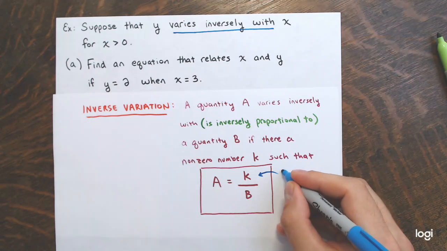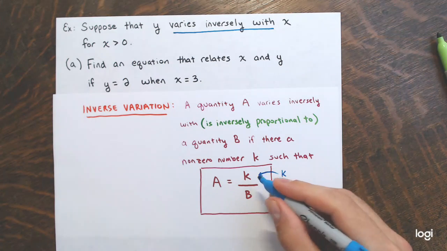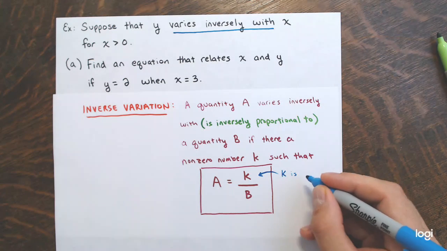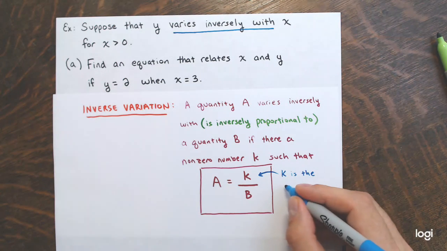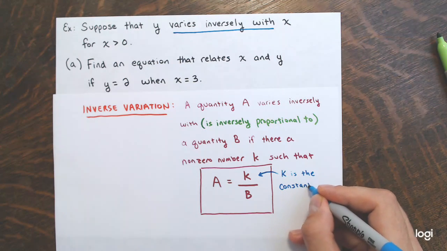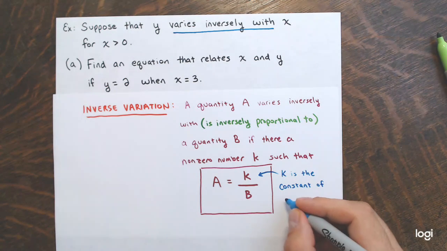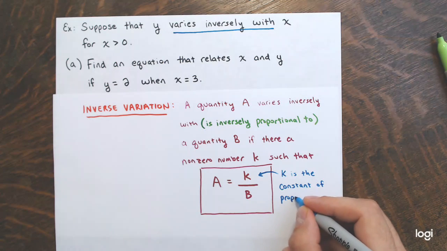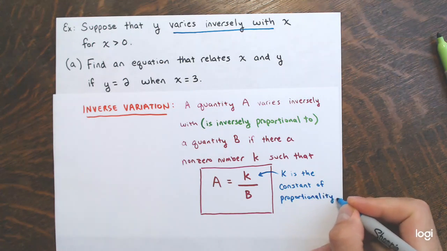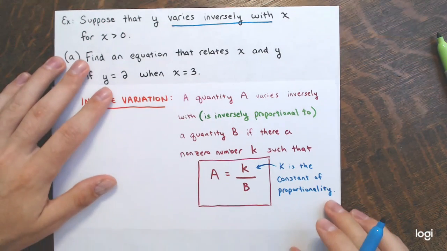And this number K is given a special name. It is always the same number, always a constant. So K is called the constant of proportionality. Fancy title.